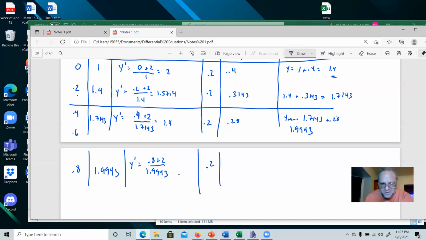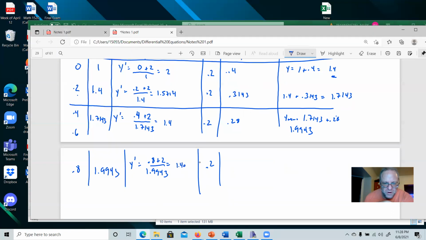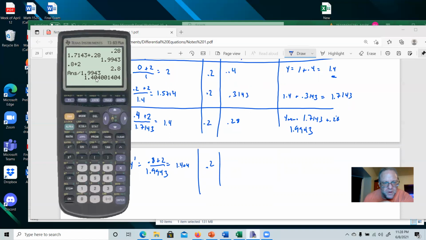Okay, so what is this going to be? I'm sure this is going to be equally delightful. So we have 0.8 plus 2, 2.8, divided by 1.9943 equals 1.4040.